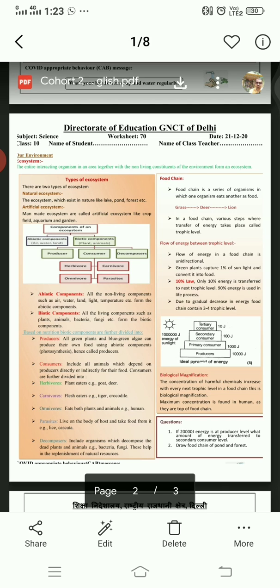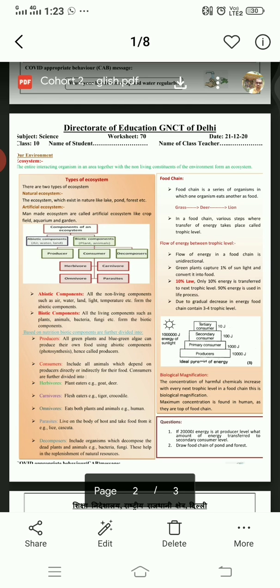Then come decomposers. Decomposers are the microbes which decompose dead and decaying organisms, leaf parts, plant parts, into smaller micromolecules and mix them into the soil.